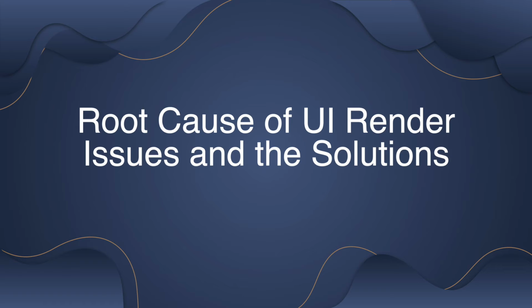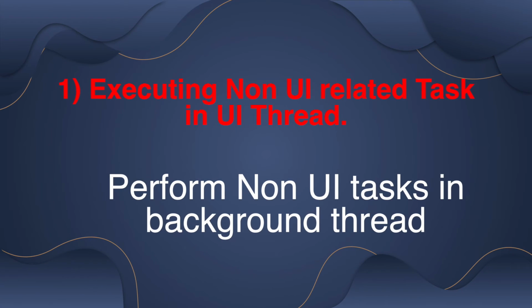Now let's understand the root causes of UI rendering issues and what the solutions are. First is executing non-UI related tasks in the UI thread. If you perform non-UI related code in the main thread, that will delay the UI rendering, because UI rendering generally happens in the main thread.